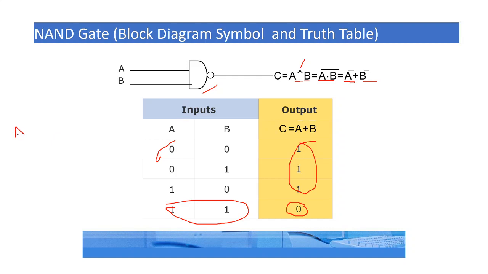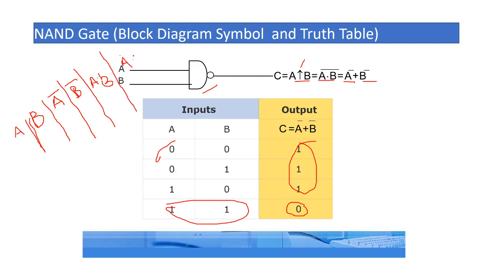Suppose we have A here, then we have B input, then A bar, then B bar, next A dot B, next (A dot B) bar, next A bar plus B bar.